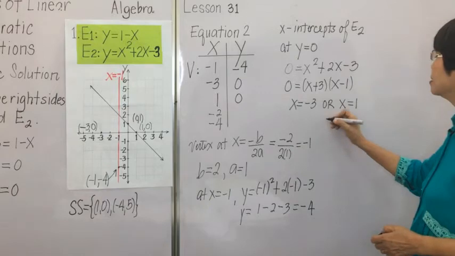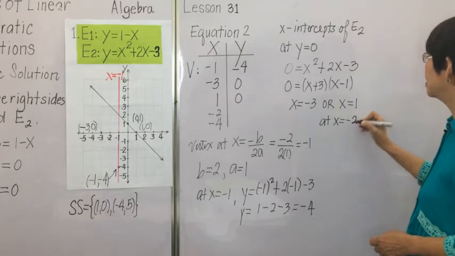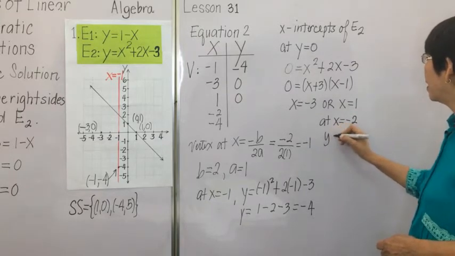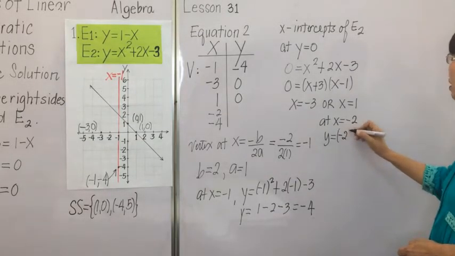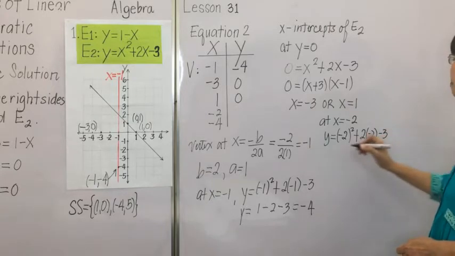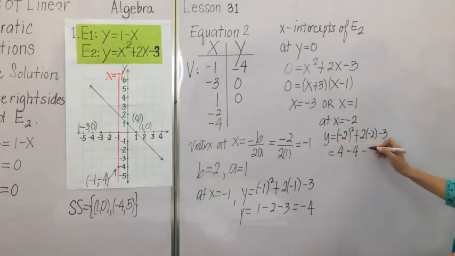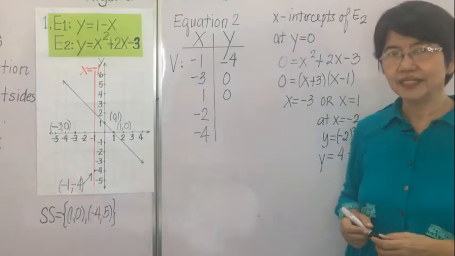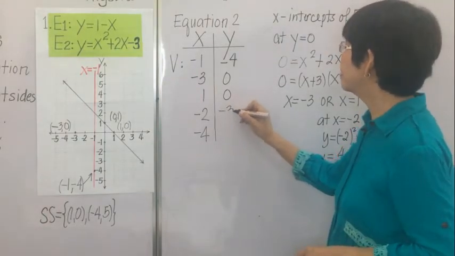So at x equals negative 2, we have y equals negative 2 quantity squared plus 2 times negative 2 minus 3. So y is equal to 4 minus 4 minus 3, or negative 3. So at x is equal to negative 2, we have negative 3.